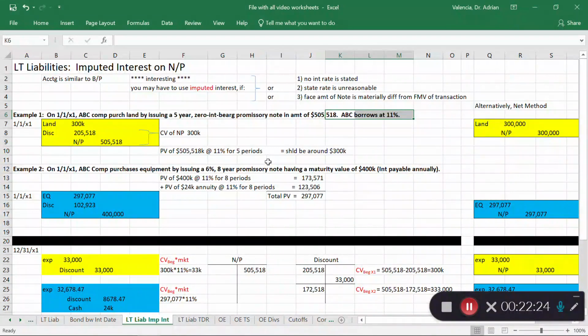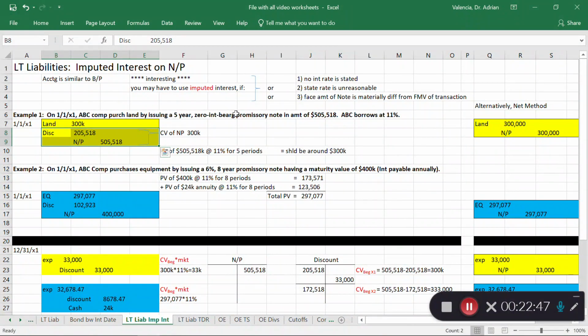And that may or may not be the case, depending on what happens. But I want you to think about this. A company has to make money, right? So if somebody's lending us money for 5 years to buy this land, from a business perspective, I have to sell this land at a high enough number to make money.